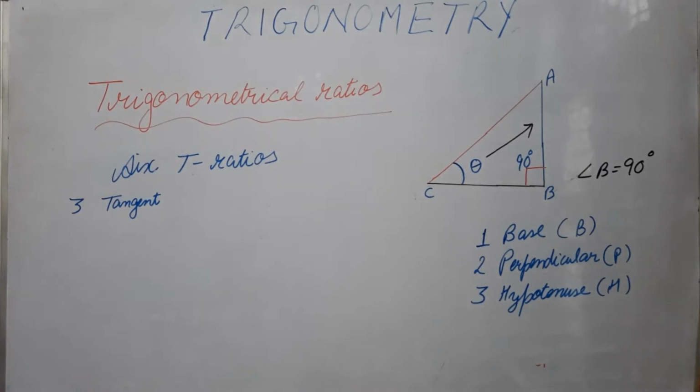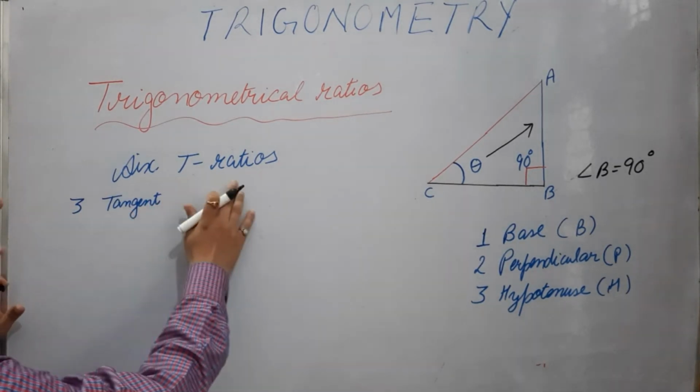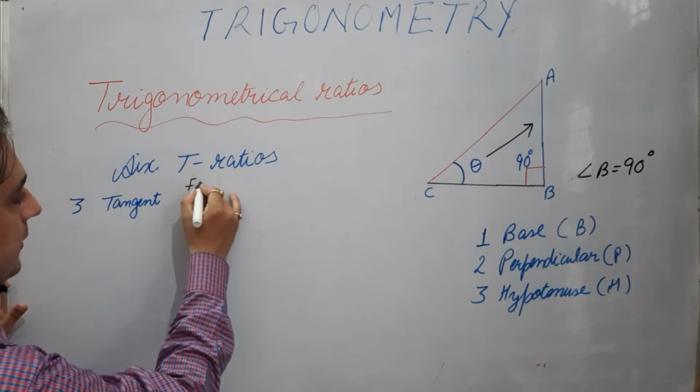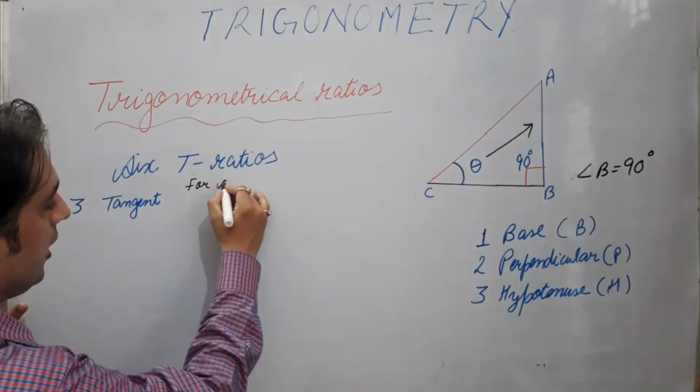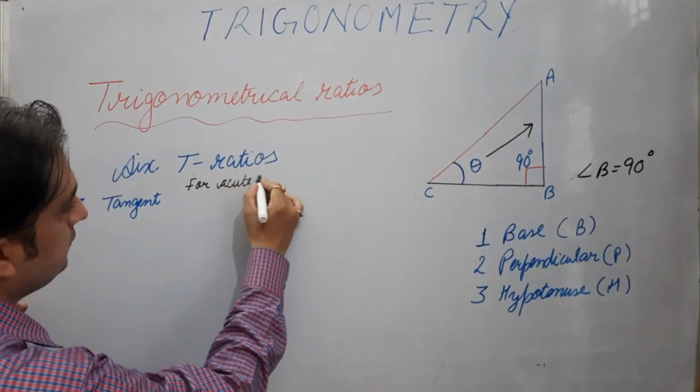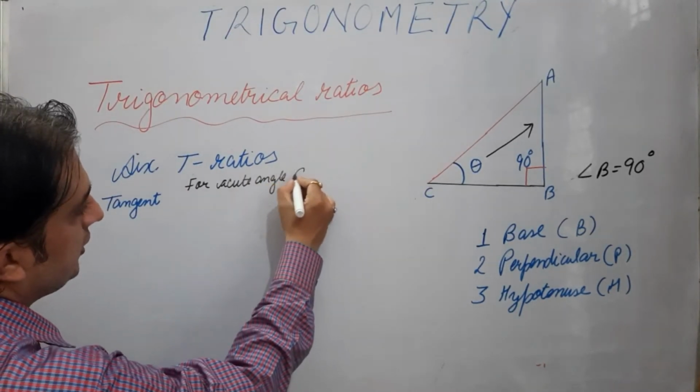The next ratio is tangent, for the same angle, the reference angle, the acute angle. We have to calculate these six T ratios for the same angle, the acute angle theta.